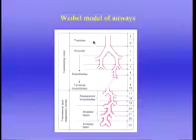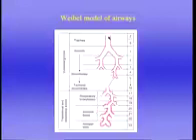What he said was that there is, first of all, a conducting zone here, starting at the trachea and going all the way down to the terminal bronchioles, which are the last airways that don't contain alveoli. So all this is the dead space, the anatomic dead space, a volume of about 150 mLs. And then we get to the respiratory zone, sometimes called the transitional and respiratory zone, which is where the alveolation starts.